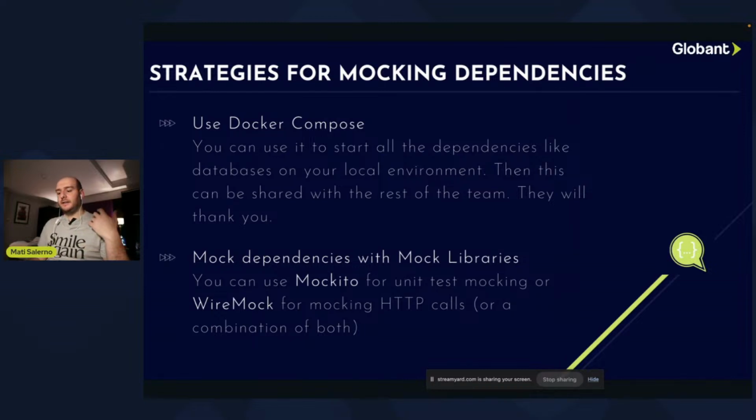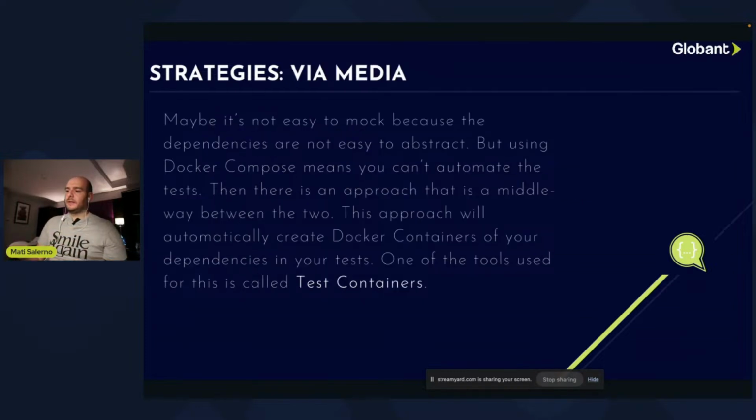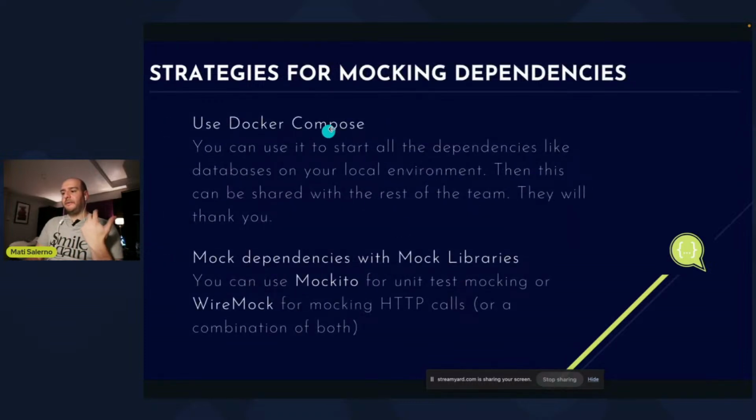But I could find a middle ground between these two, because the advantage of having Docker is that we can have in our local environment something very similar to what we would have in production. And with the other case, we cannot have that.